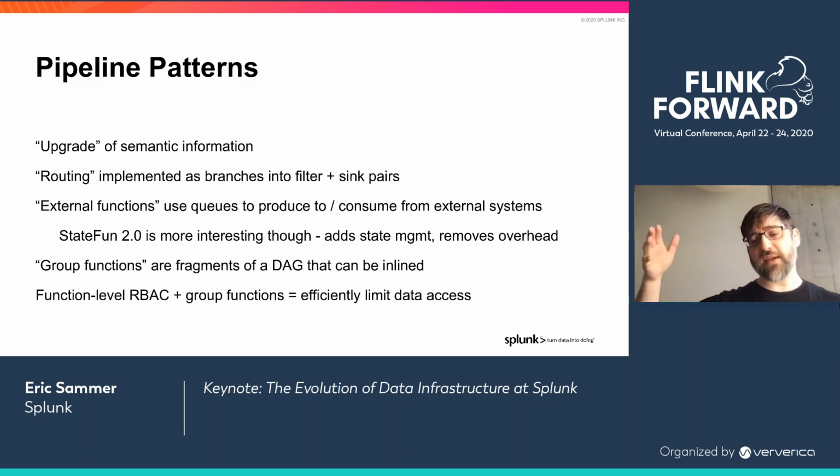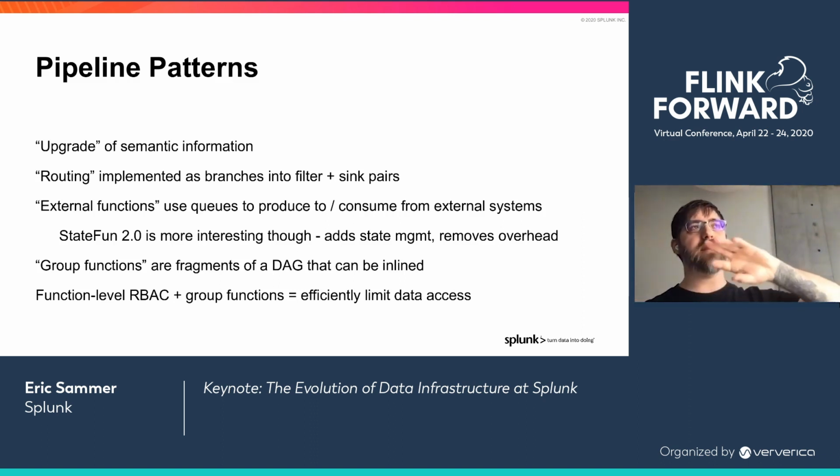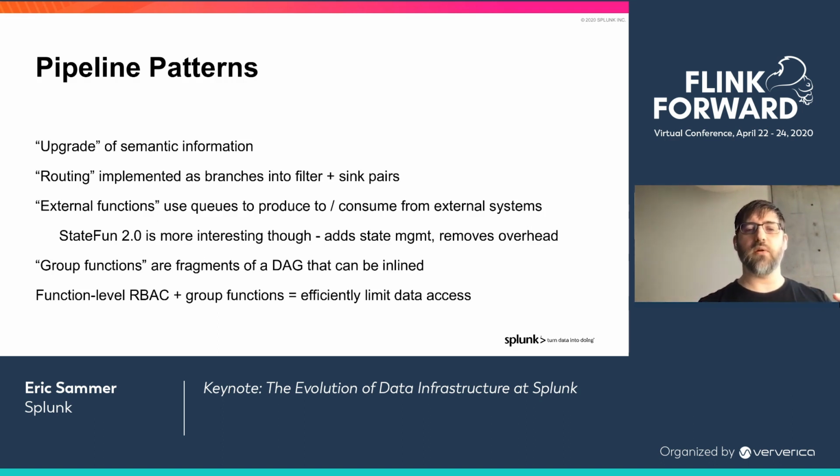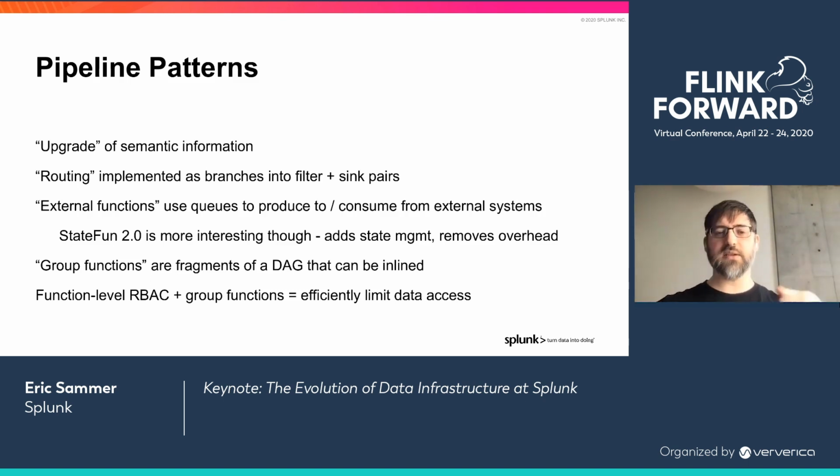If you also include things like field masking and anonymization functions, and you combine that with function-level role-based access control, when people are building those pipelines, you actually get what amounts to efficient data limiting use cases where you're not necessarily copying the data until somebody is actually consuming it. So this has actually been a really interesting construct.